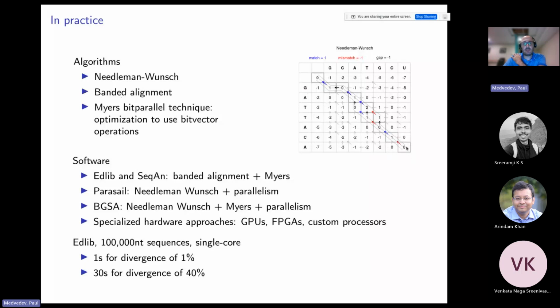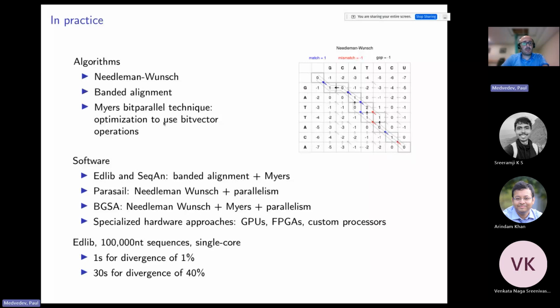In the end, either we found an edit distance that's at most D, in which case it's guaranteed to be correct, or we had to go out of bounds and didn't find it, and then we start again by doubling the band. In that way, we can be faster. I'll get into more of that in a minute.